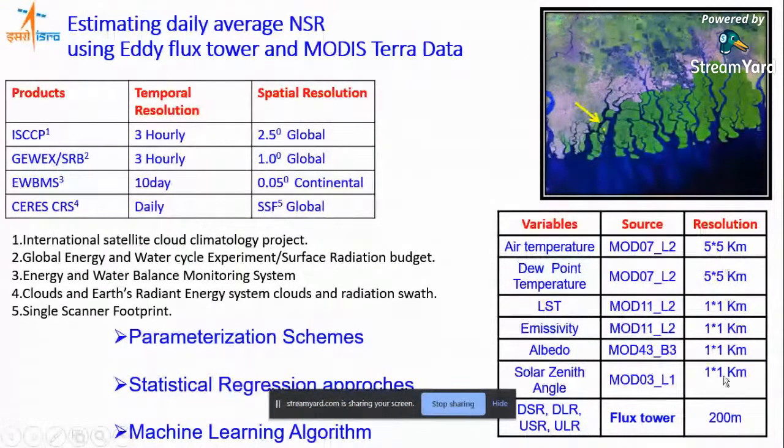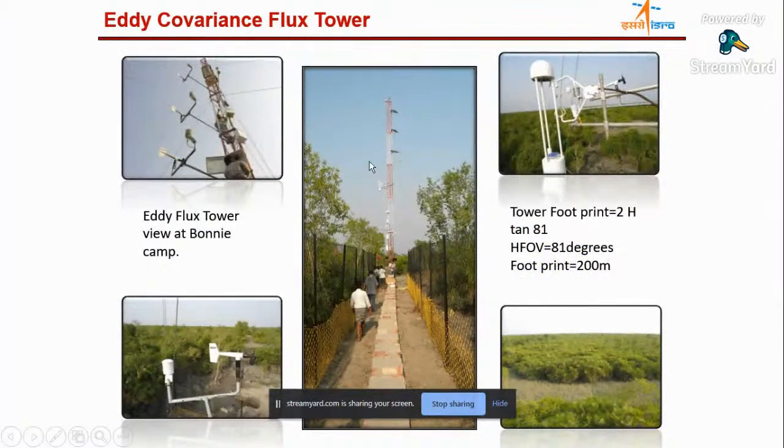And we have a flux tower, which is installed at Sundarban, as shown here. This yellow color dot, Sundarban, is a different ecosystem. The data is used for validating this product. This is a ground-based tower equipped with different sensors at different altitudes, as shown here. We call it an eddy flux tower, which is installed at Bonie Camp.